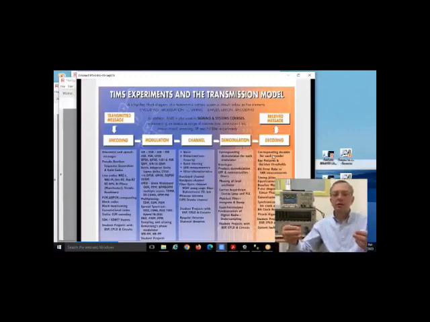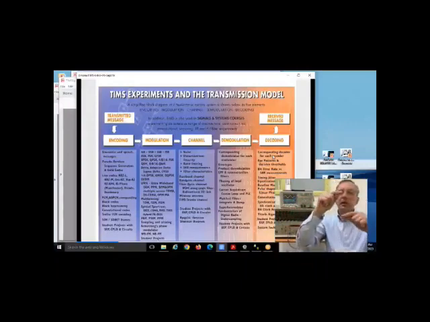What does this mean to you, the lecturer? This means that you look at your curriculum, you look at your course, and you can now choose those experiments that match your curriculum, those experiments that you want students to experience and to learn from. And not only does TIMS allow you to pick and choose the experiments, TIMS allows you to choose how deeply you want the students to explore those experiments.